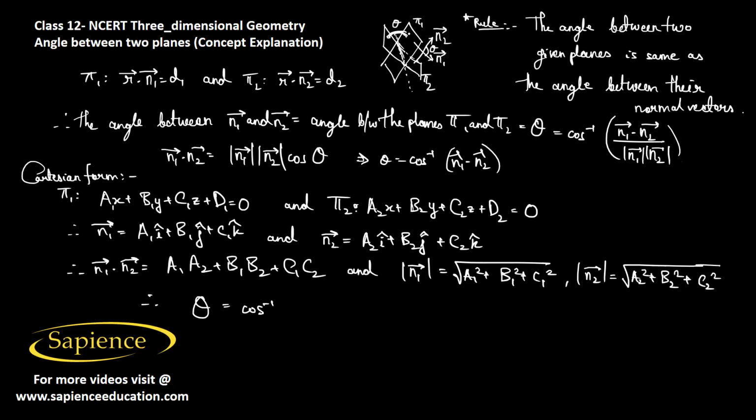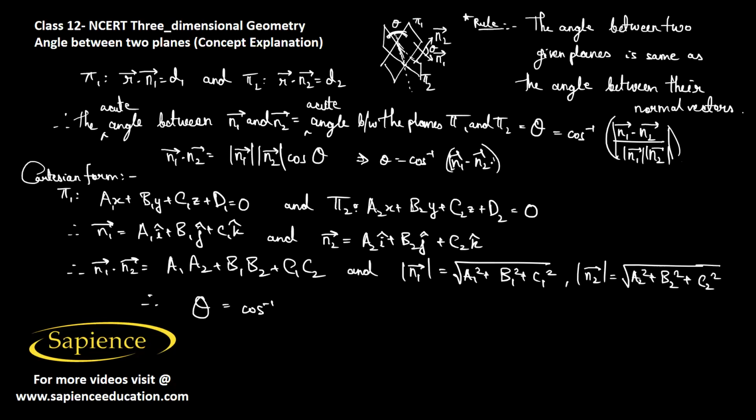So suppose we need to find the acute angle in between the two planes, then cos theta will have a positive value only. So we need to take the mod of this actually.